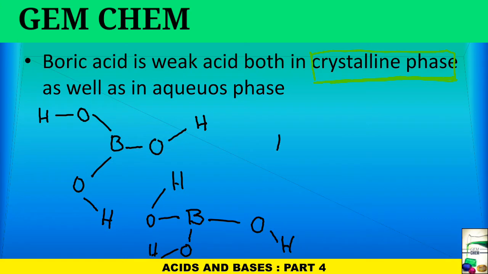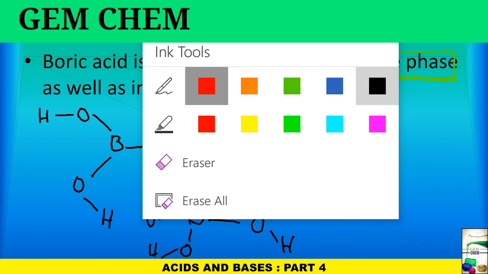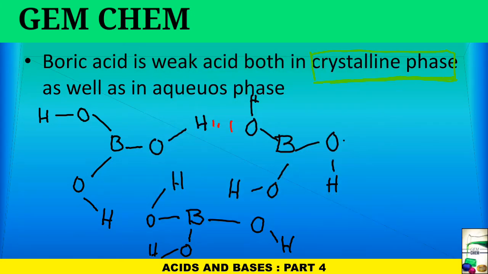Similarly another one, boron, oxygen, hydrogen, oxygen, hydrogen, and also oxygen, hydrogen, and this continues. Now the hydrogen bonding takes place between these oxygens and hydrogens, and thus we can see that these hydrogens and oxygens are held very tightly and we are unable to get any removal of proton easily. So there is weaker acidity. It is a weak acid in the crystalline phase.